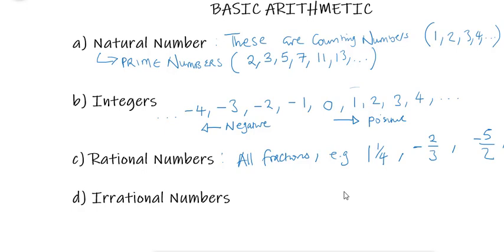And then apart from the rational numbers, we have what we call irrational numbers. Irrational numbers are non-recurring infinite decimals whose values cannot be found exactly. We cannot find the exact value of these numbers when simplified. For example, we have pi. The value of pi can go on even up to 20 decimal places. We cannot find the exact value for pi.